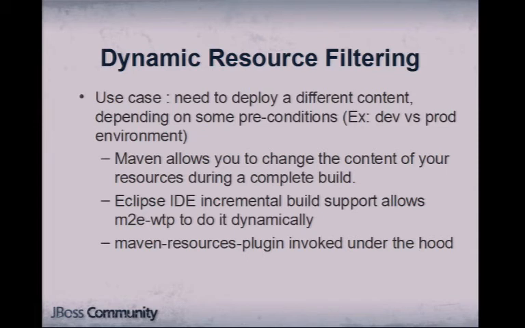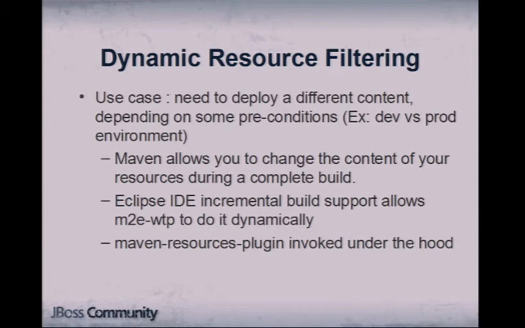Maven allows you to do that during a command line build, so this happens during a complete build. But since the Eclipse IDE does incremental builds by nature, M2E WTP gives us the ability to do this filtering incrementally. That gives you dynamic resource filtering.